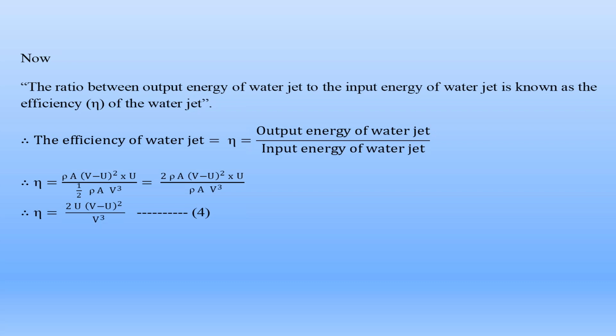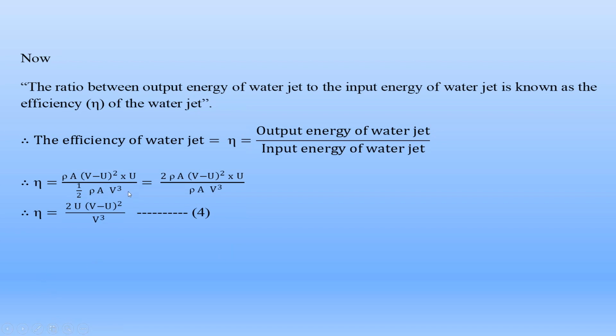So the efficiency of the water jet, nu, is equal to the output energy divided by the input energy. From equation 2, the output energy is rho A into (V minus U) whole square into U. The input energy is half rho A into V cube.